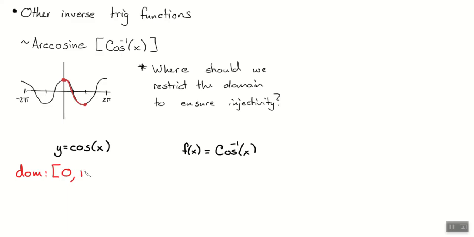Okay. The second I know where I needed to restrict the domain of cosine to work, what did we just find? We just got the range of the arc cosine for free. It's the same thing. So if we look at these, it's going to be a little bit backward, only because I have domain and then range here, and they switch places.